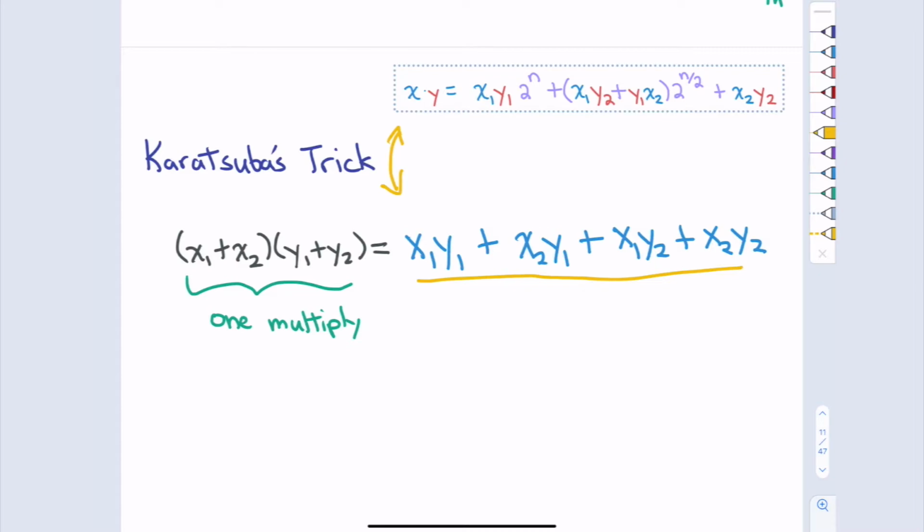Oh, okay, so this is this, and this is this, and these two are these two. So it captures everything. There's this correspondence.